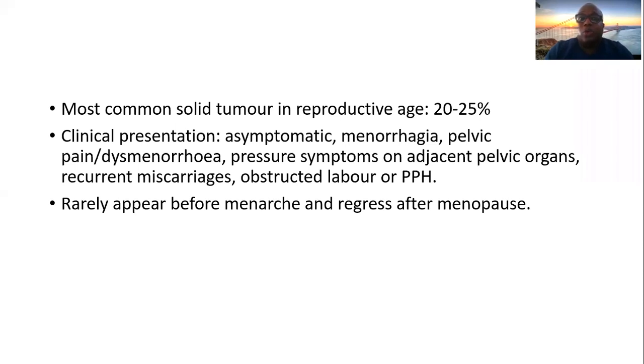And during pregnancy and labor, they can also cause obstructed labor or even increased bleeding, known as PPH. These fibroids rarely appear before onset of periods, and usually they regress naturally after menopause.